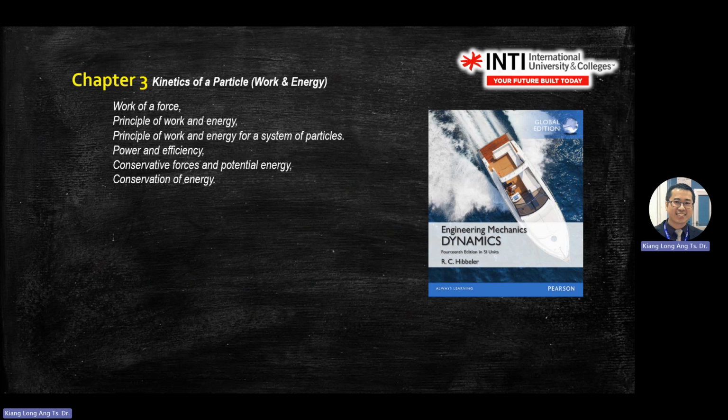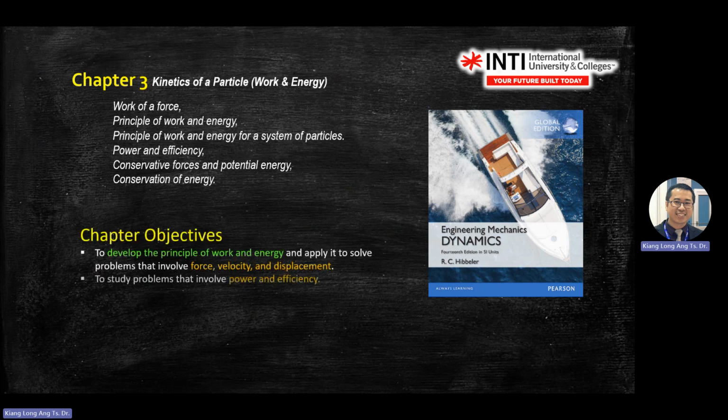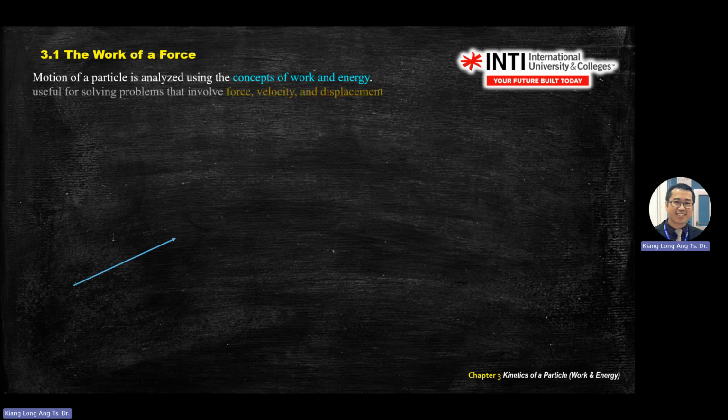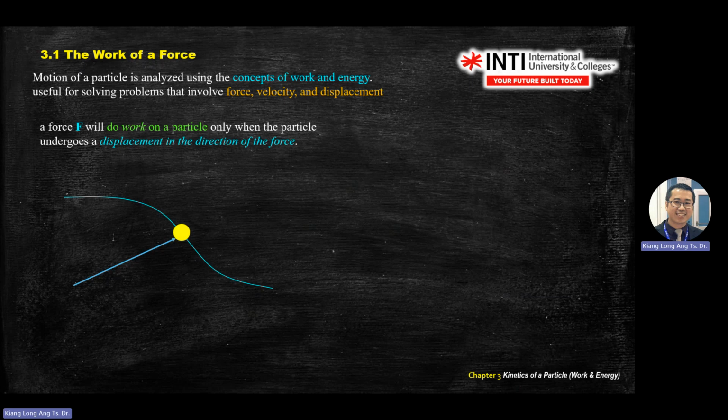All right, we go into detail little by little. Okay, we'll start to elaborate on the force, what is work, what is work done by the force. So let's say there is a particle moving on a curve, and you didn't see this one in statics. In dynamics, you'll see it most of the time on a curve.